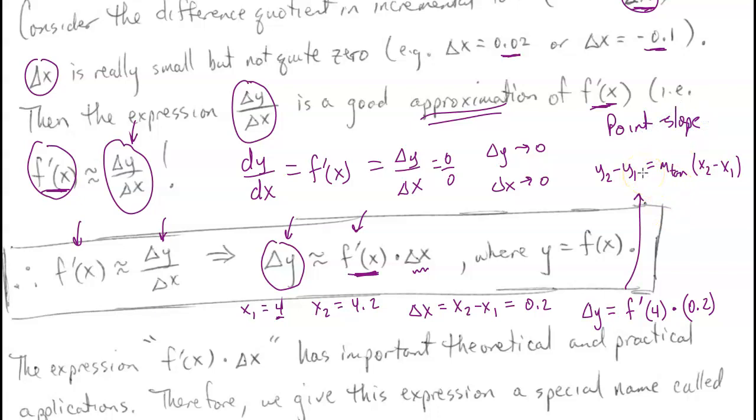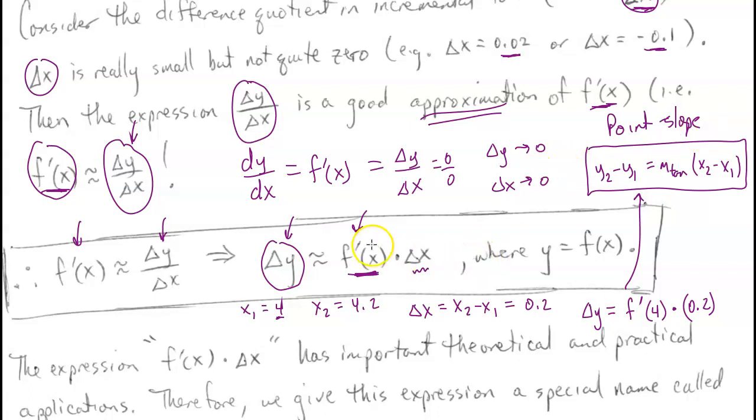And this is what I was saying at the beginning of this video, that when we talk about all these differentials, incrementals, and eventually get into linearization, which is going to be an application of this, all we're really doing is coming up with a fancy way to express the point slope version of an equation of a line and using it to approximate how some function y is going to act, okay?